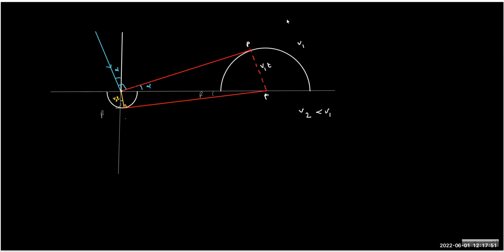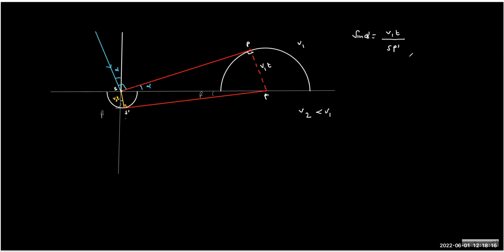And using the simple triangle trigonometry, you can say sin alpha equals the perpendicular upon hypotenuse, which is v1t upon, let's call it, no, this is P dash. This is S dash. So v1t upon SP dash.